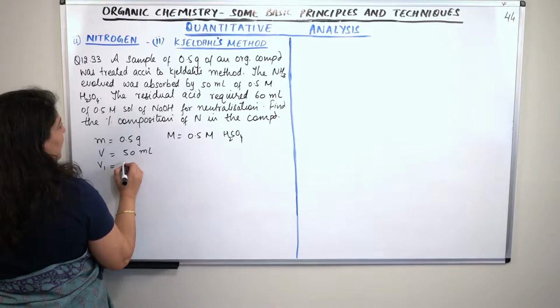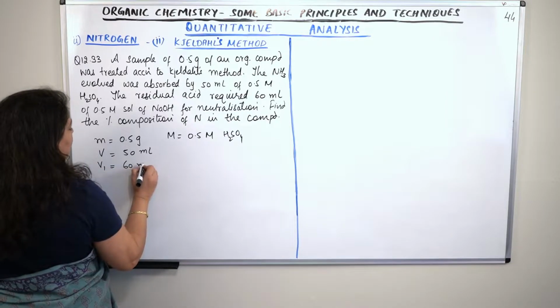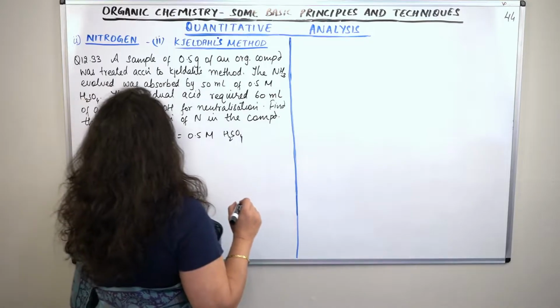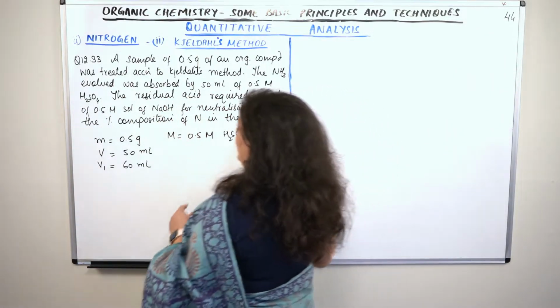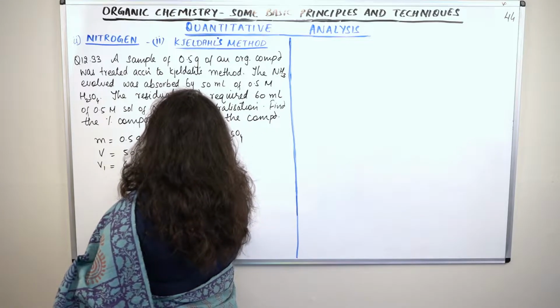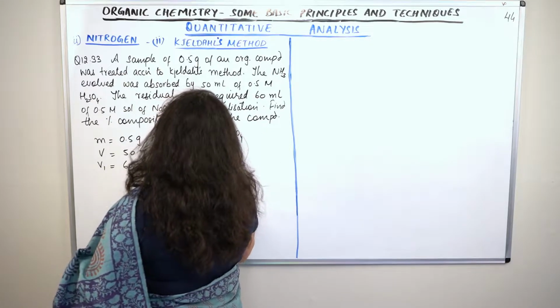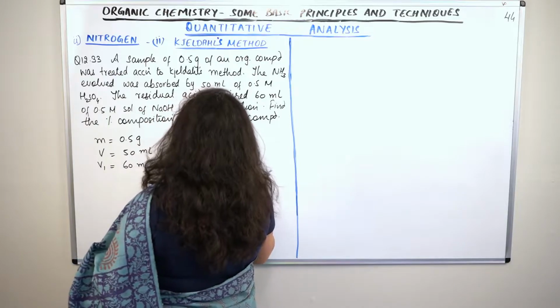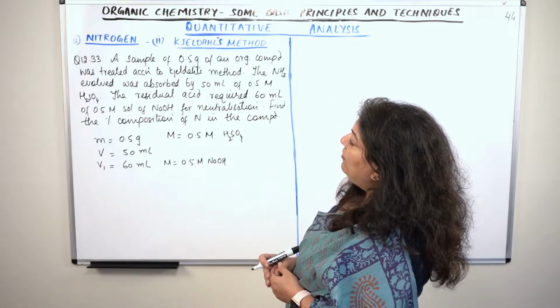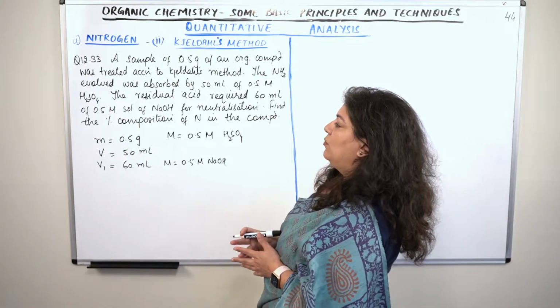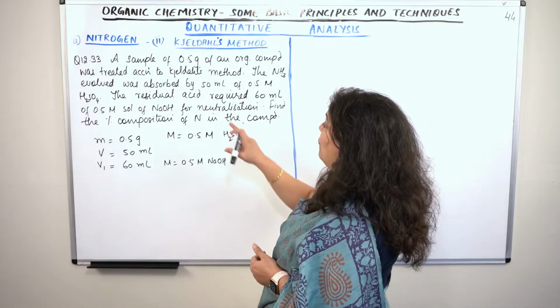The volume of NaOH is 60 ml, right? NaOH also has the same molarity, 0.5 molar, for neutralization.